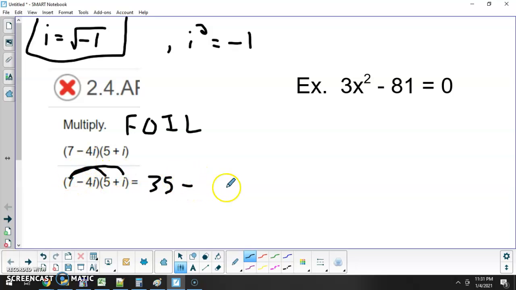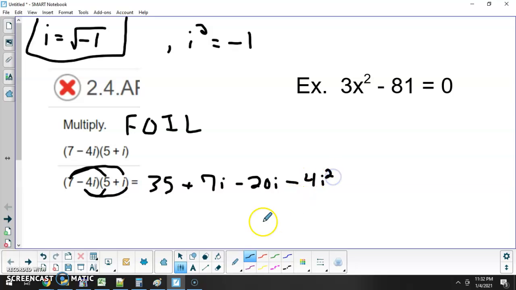Okay, 7 times i is 7i. That is the outside. The inside is -20i. And the last terms of each of the binomials is -4i times i, so that is -4i squared.